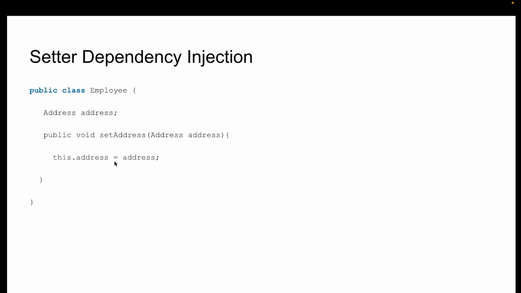So this.address equal to address. Whatever member variable we have on the top is being initialized in this particular method. So this is an example of setter dependency injection. This example we had already discussed, so you can see how in code this can be achieved.